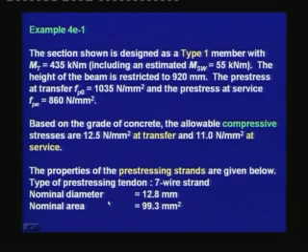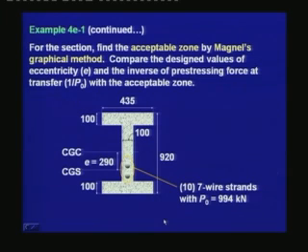The nominal diameter of each strand is 12.8 millimeters and the nominal area is 99.3 millimeters square. For the section, find the acceptable zone by Magnel's graphical method. Compare the design values of the eccentricity E and the inverse of pre-stressing force at transfer, which is 1 by P0, with the acceptable zone.